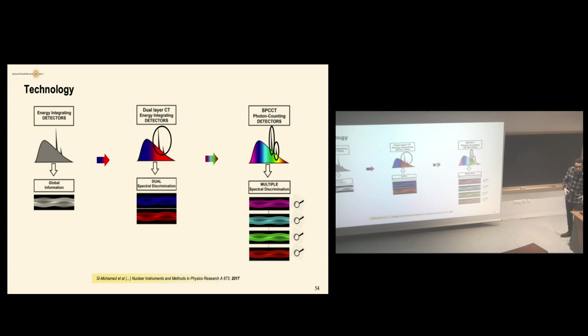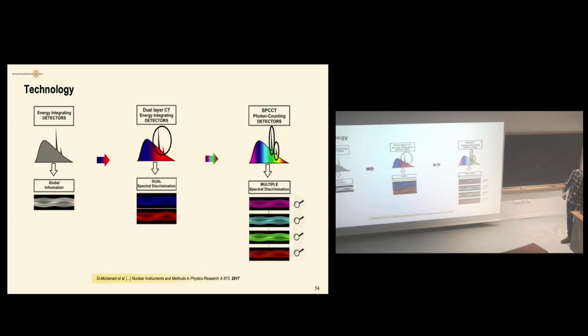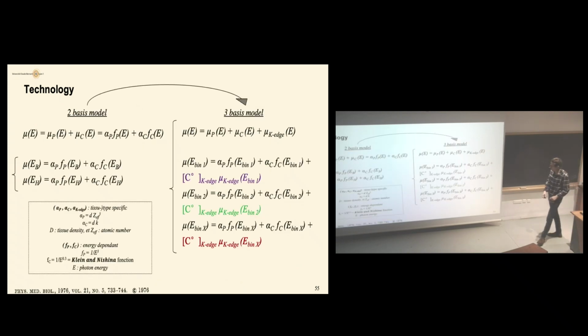And when it comes to putting a new contrast agent or an atom within the body, with these capabilities you will be able to show and to quantify. In fact, with multi-energy spectral photon-counting CT, you will switch from a 2 material decomposition model to a 3 material decomposition model. And you can even increase the number of bases as a function of your energy windows.